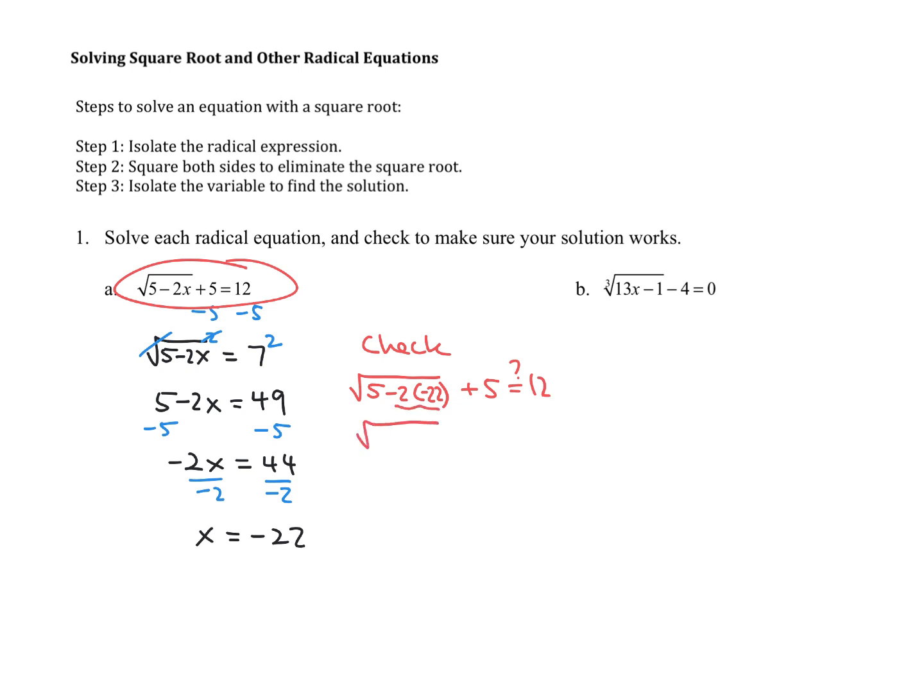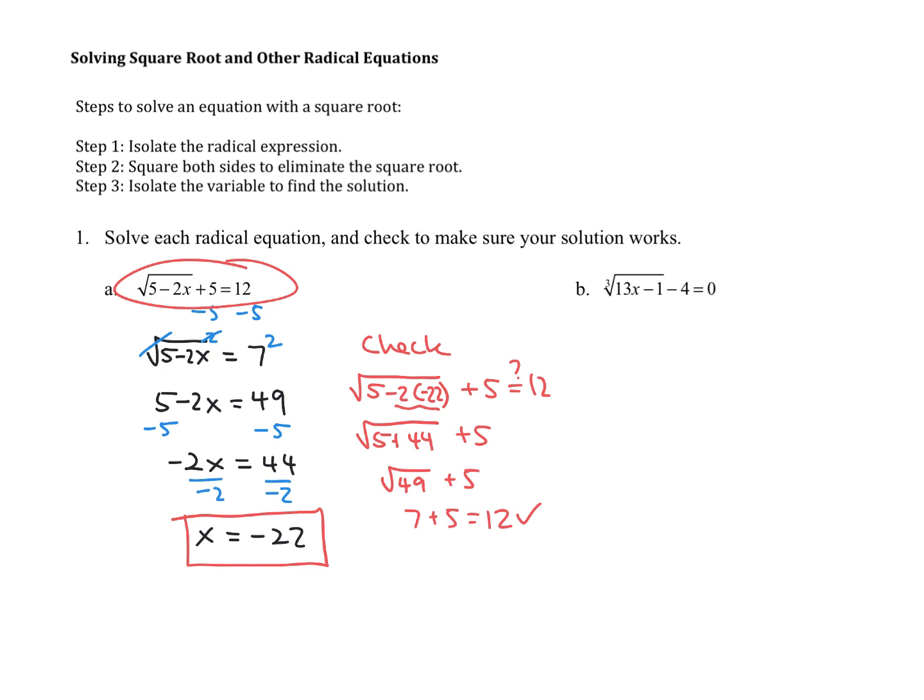Inside the radical, I get 5 plus 44, and that's the square root of 49 plus 5. The square root of 49 is 7, plus 5. I do get 12. So my solution satisfies my equation, and that means that that is the correct answer.